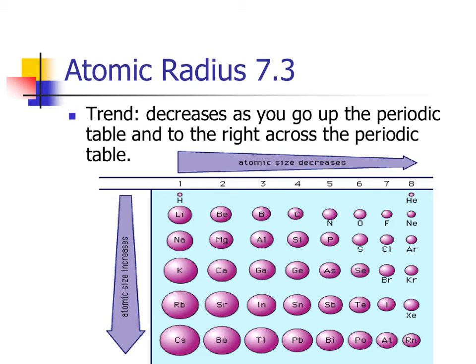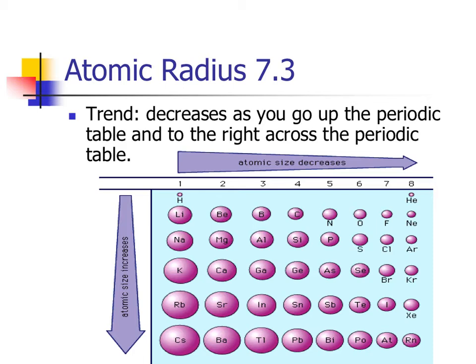All of a sudden, you have another ring, another energy level for those electrons to spread back out. Yes, you have more protons, but it's that third energy level that's going to bump everything back out and allow for that space to happen.